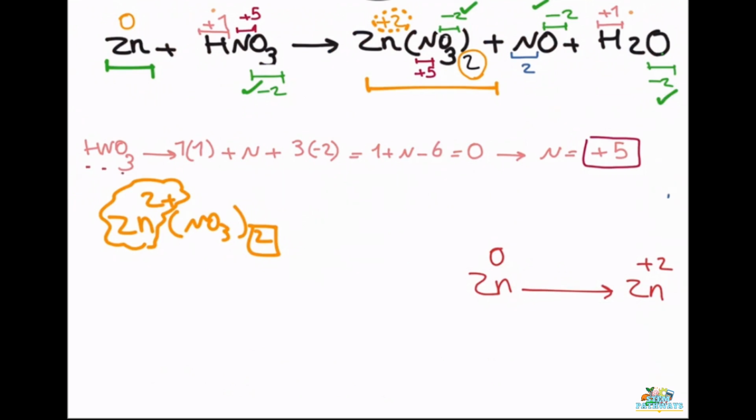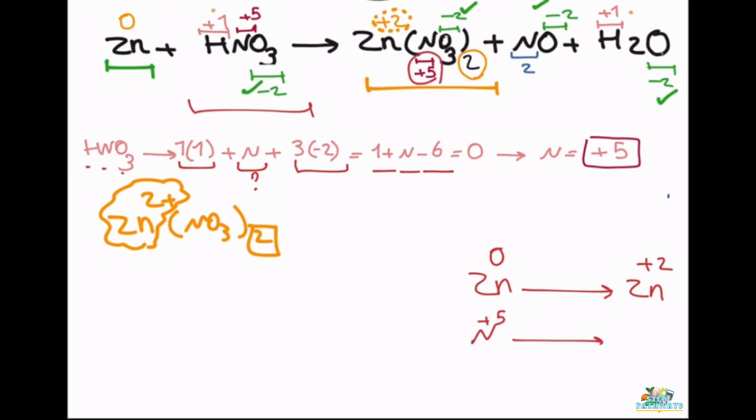You know that H is +1, so 1 times 1 plus N that you don't know plus 3 times -2 should be 0. 1 plus N minus 6 is 0, so N is +5 here. Here we have NO3, so here N is again +5.